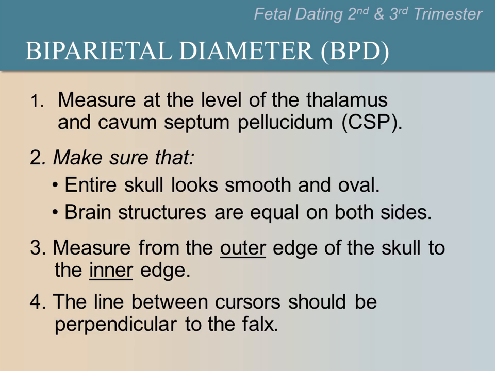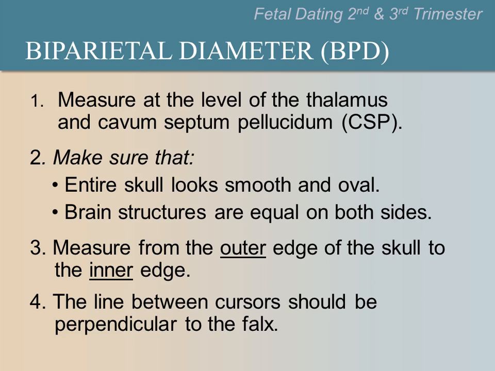Measuring the biparietal diameter accurately involves 4 steps. First, you must measure at the level of the thalamus and cavum septum pellucidum. Make sure that the entire skull looks smooth and oval, and that the brain structures are equal on both sides. Measure from the outer edge of the skull to the inner edge.